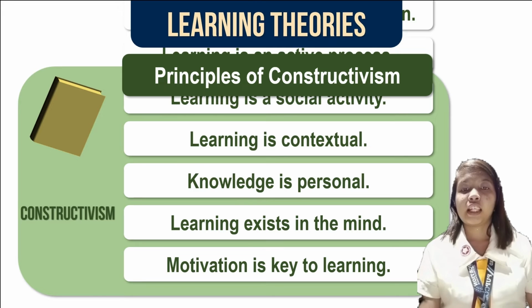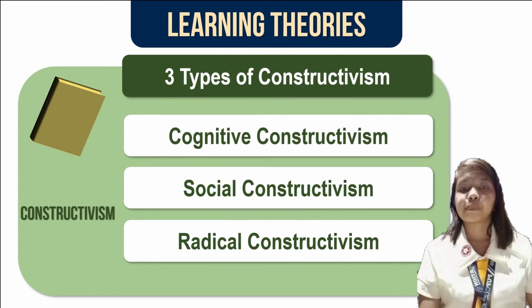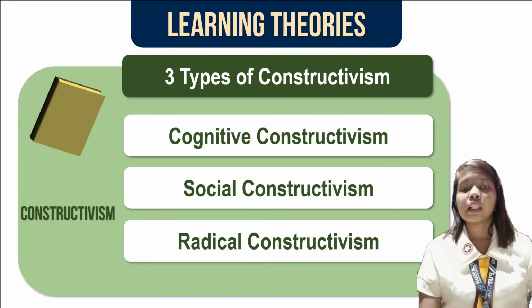Now that you have the eighth principle of constructivism, let's move on to types of constructivism, which are three. The first type is cognitive constructivism, which focuses on the idea that learning should be related to the learner's stage of cognitive development.